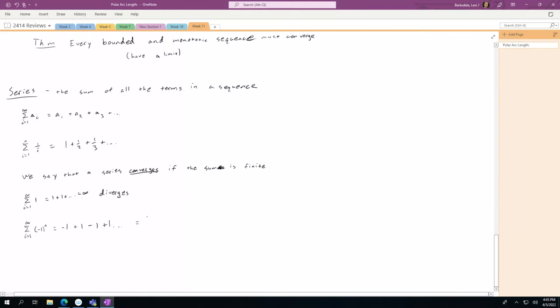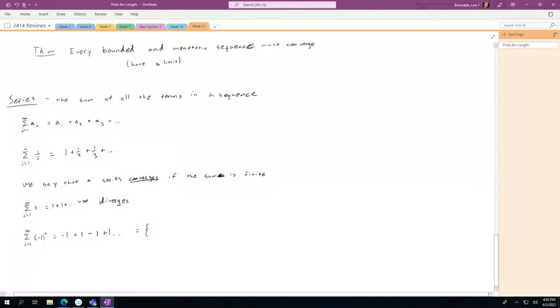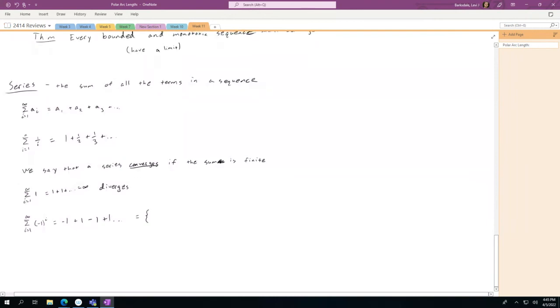And we can say that this sum, depending on where we stop at, I'm sorry, that should be an n. So if our ending index is odd, then we end up with -1, and if our ending index is even, then we end up with a 0. So as n goes to infinity, we can't really take the limit because we come up with 2 values and not just a single unique value.